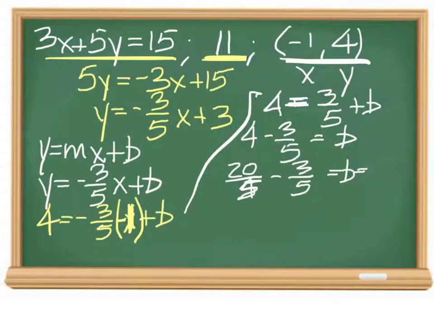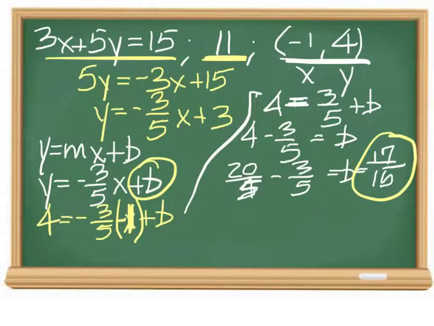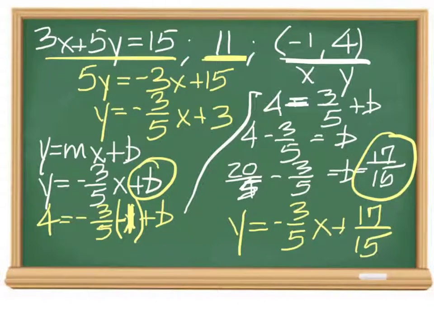So 20 over 5 minus 3 over 5 is 17 over 5. You put this back into this spot to get your final answer of y equals negative 3/5 x plus 17 over 5. That should be 17 over 5 at this point here.